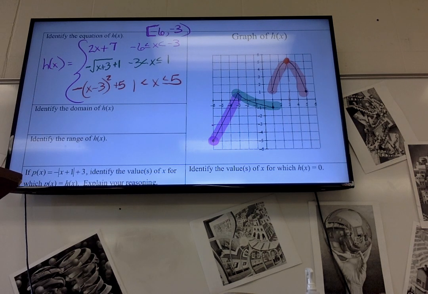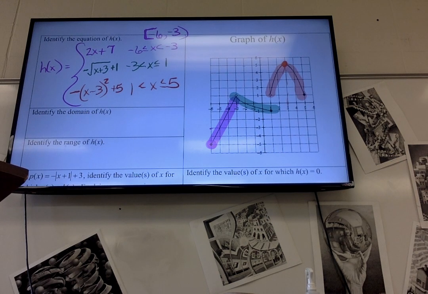So you'll be expected, I'm sure, on one question of your homework quiz to do a piecewise function. Identify the domain. So the domain of the entire graph starts at what? -6.